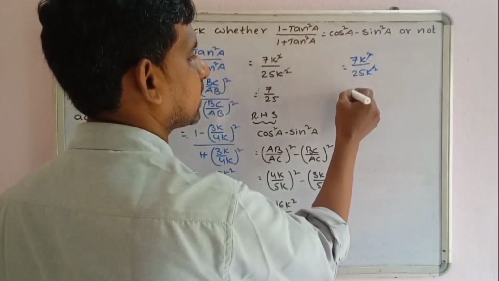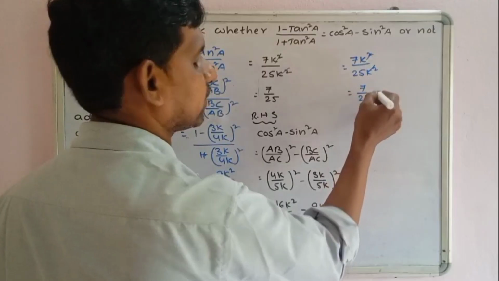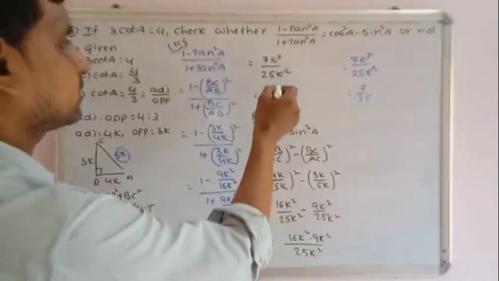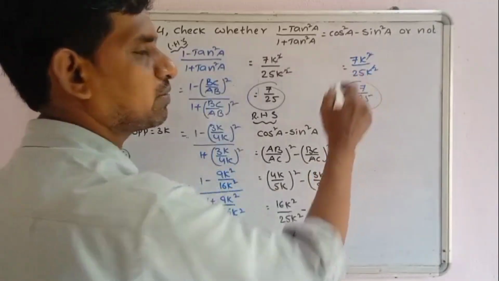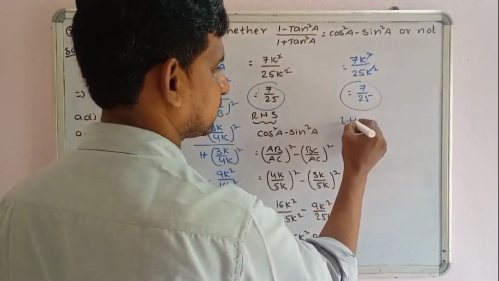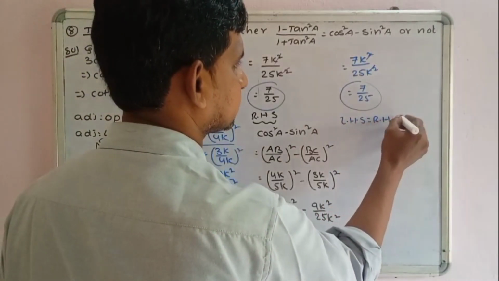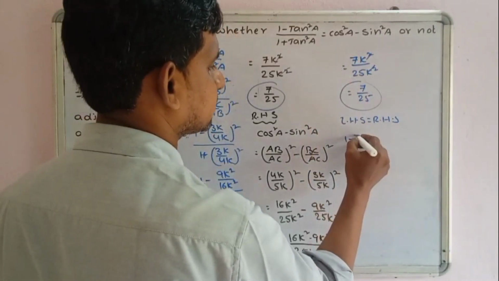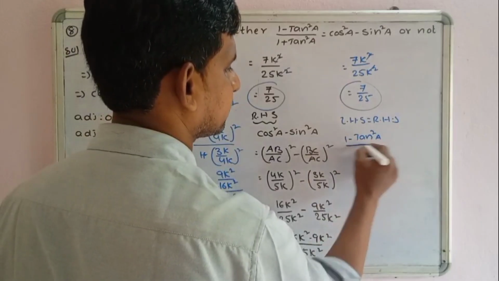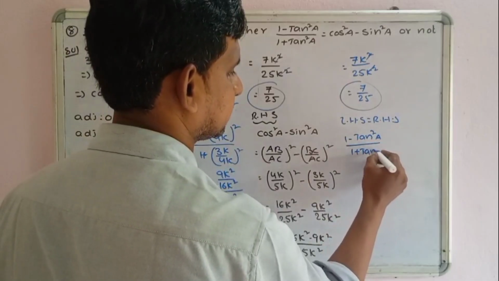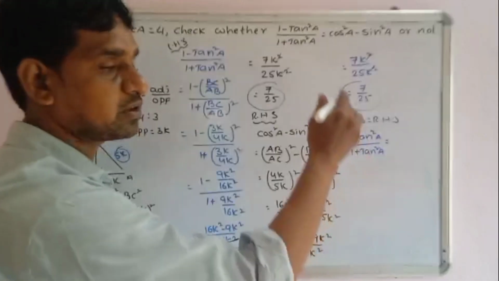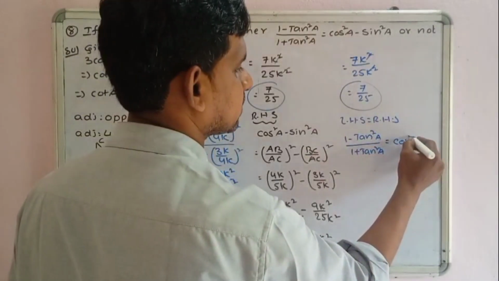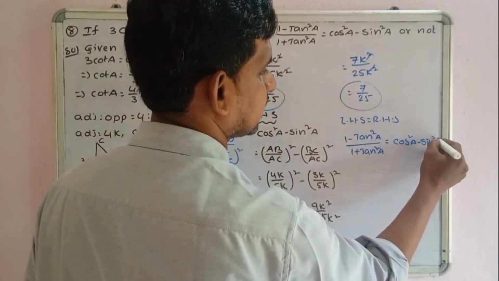So k square gets cancelled, 7 by 25. See, the LHS part is 7 by 25, the RHS part is 7 by 25. Therefore LHS equals RHS. LHS value (1 minus tan square A) by (1 plus tan square A) equals RHS value cos square A minus sin square A.